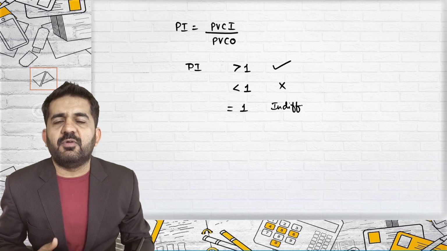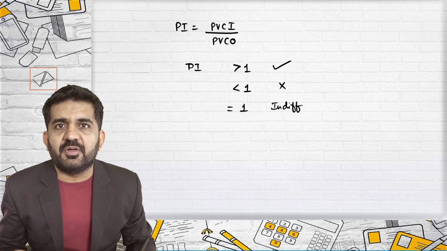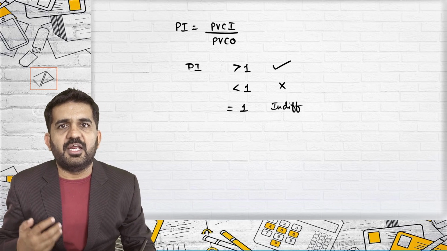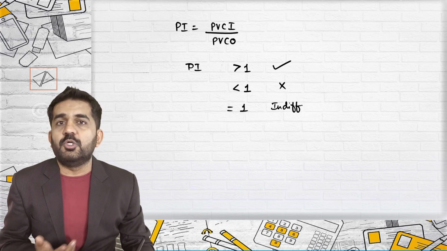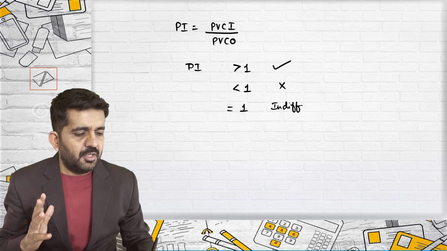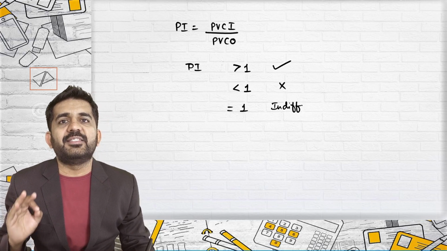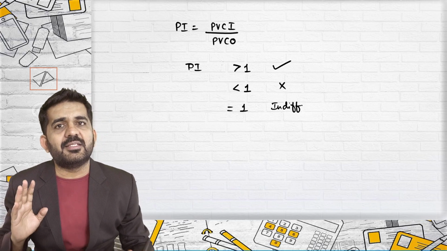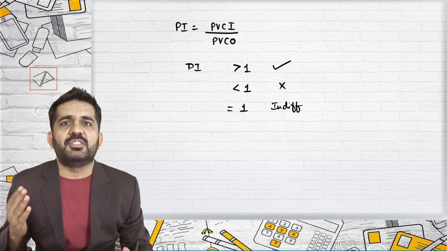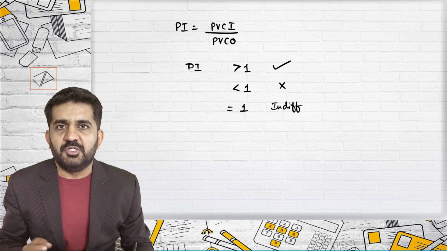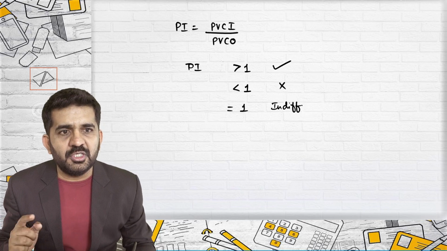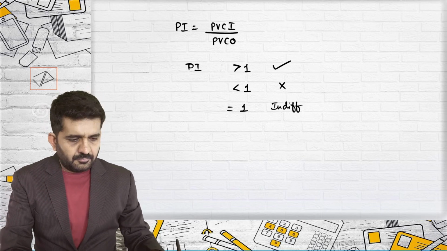If it is greater than 1, we are earning greater than our required rate of return. Less than 1, we are earning less than our required rate of return. Equal to 1, we are earning our required rate of return. NPV and PI always give the same answer. They are the same technique, just in one case it is subtraction, in one case it is division. So there the cutoff is 0, here the cutoff is 1.